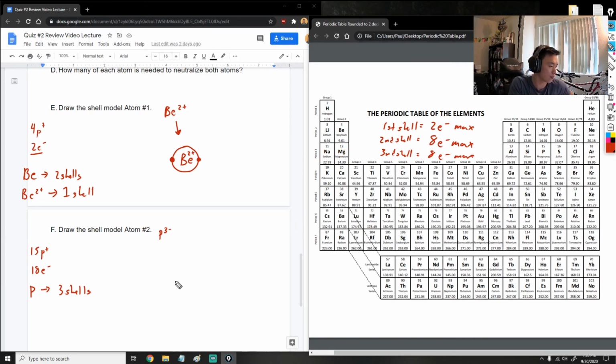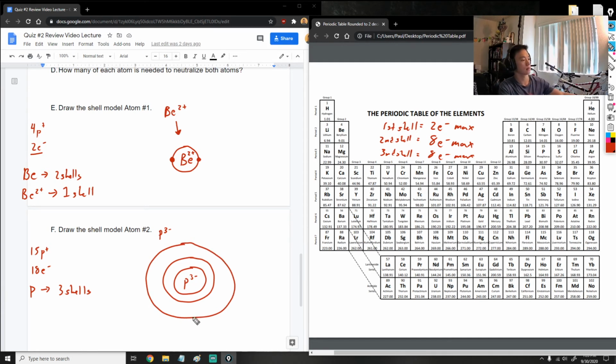Alright, so let's draw P3 minus. I'm going to write P3 minus, and I'm going to draw 3 shells around it. 1, 2, and 3. Now we're going to draw the electrons, starting from the inside out. On the first shell, I'm going to draw 1, 2.